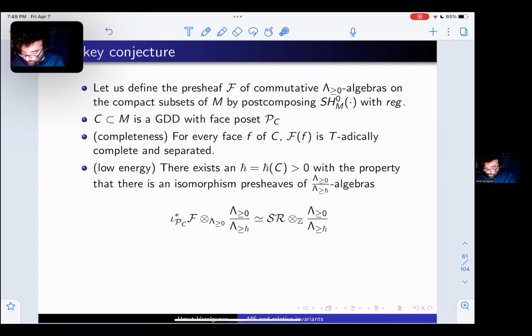This thing should be theta-adically complete and separated. And this low energy part of the conjecture is probably the most serious part.